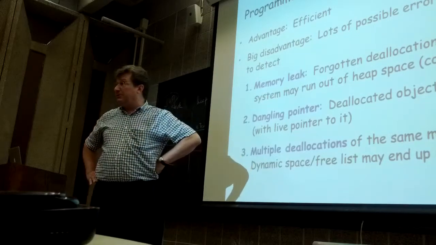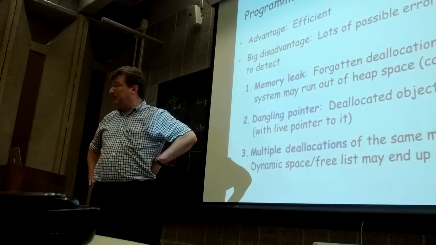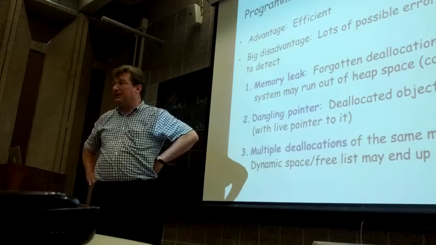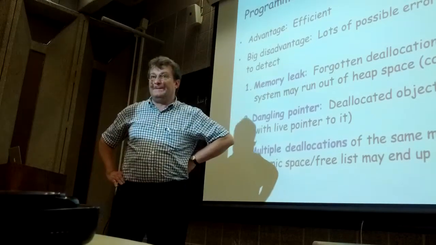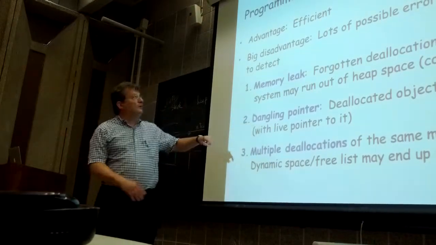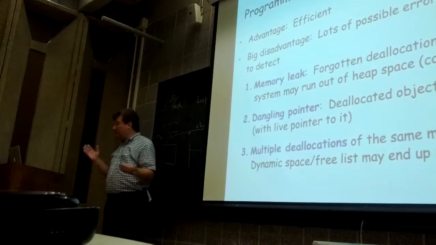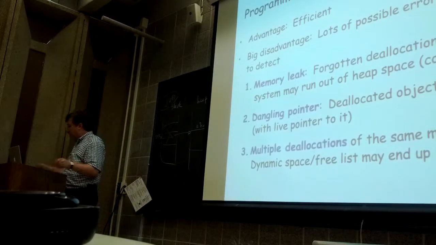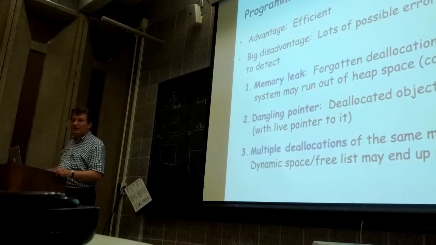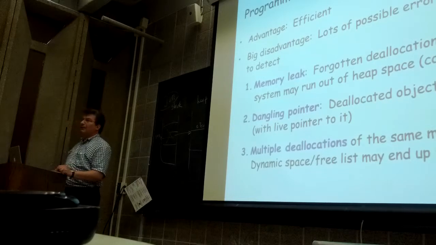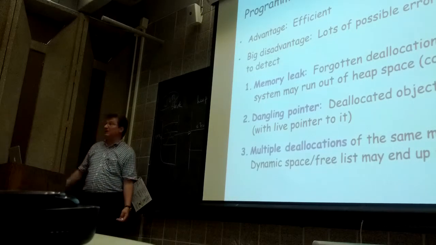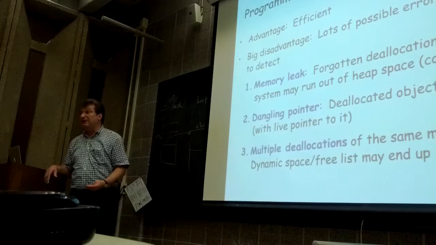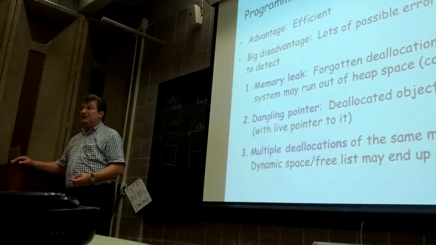When you tell them to go away, when you delete them explicitly or free them. So there is no performance penalty in the sense of the system stopping what it's doing and garbage collecting. But there are a lot of disadvantages because knowing when to deallocate objects can be very tricky.